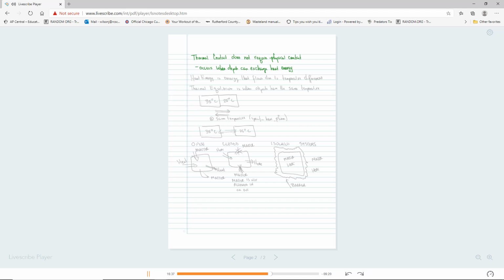And of course, if you get the radiator cap off, then you've got the steam coming out. And steam is going to have more or less energy than water. It's going to have more because now it's got that translational piece to apply. So thermal contact, in this room right now, every object in this room is in contact with every other object in terms of thermal contact.